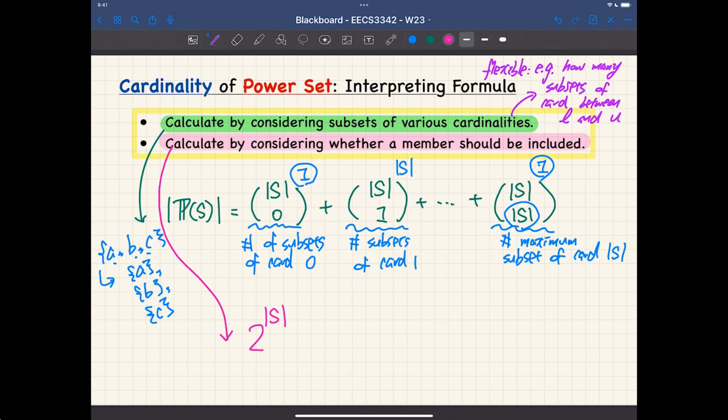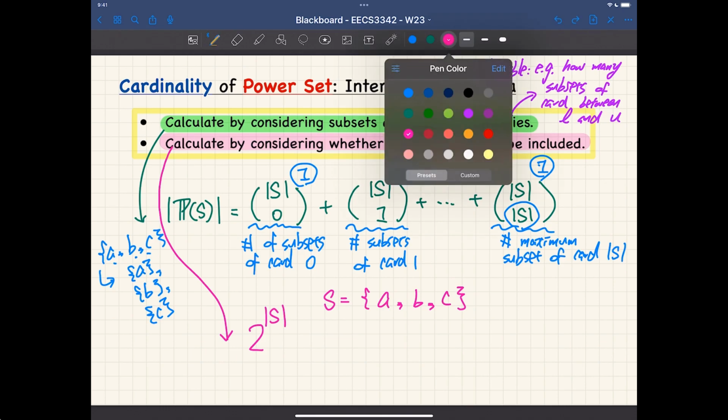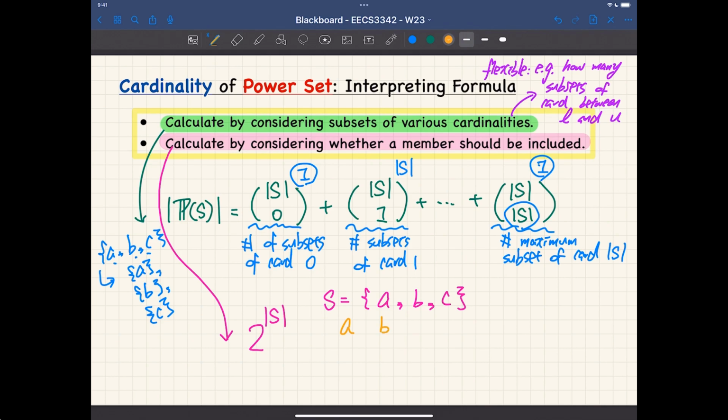Let's say, for example, if I have a set S, let's say A, B, and C. One way to think about it is to turn this into like a binary number. Let's say we got A here, B here, and C here. For every member in the set, we got 2 possibilities: either to include it or not to include it, right?